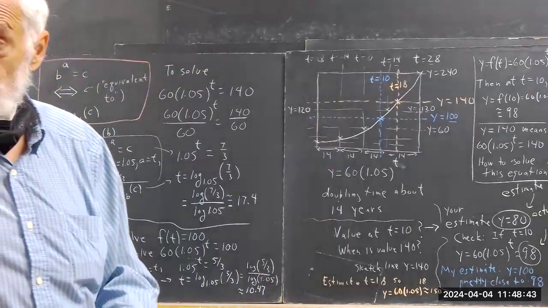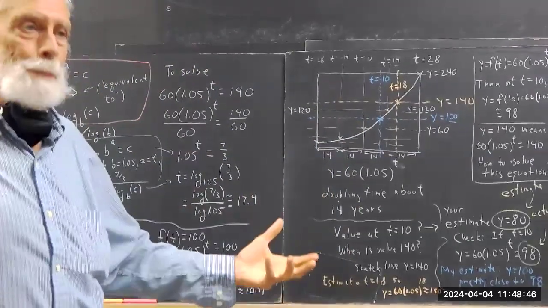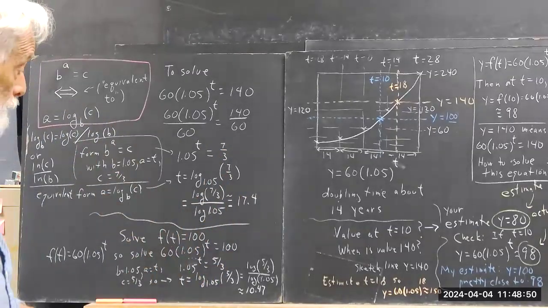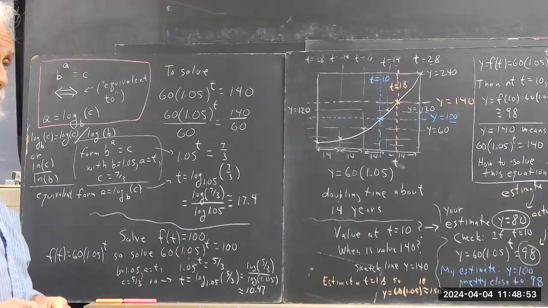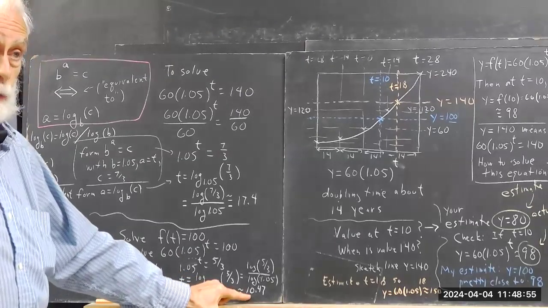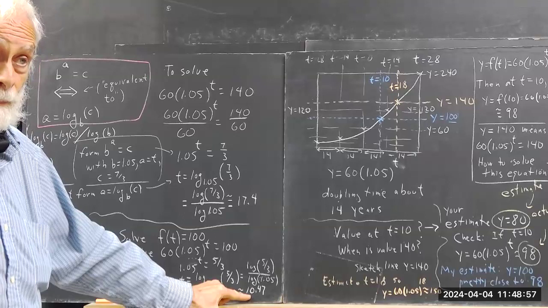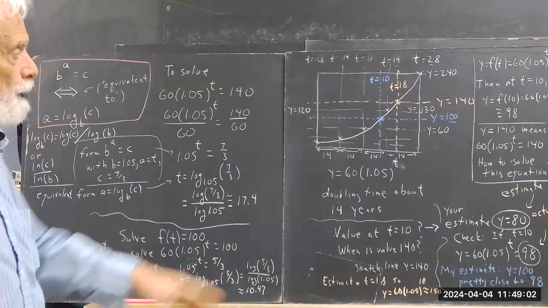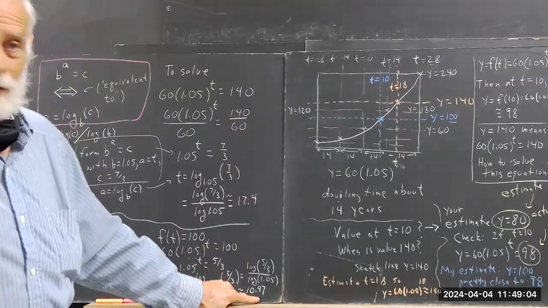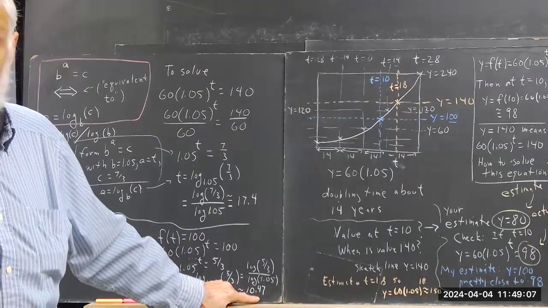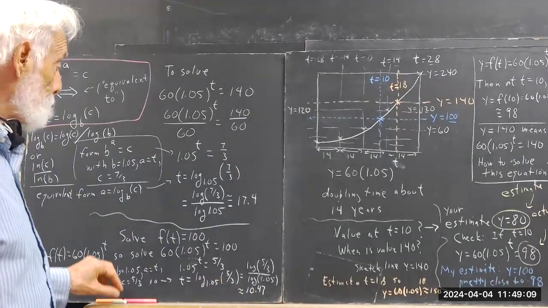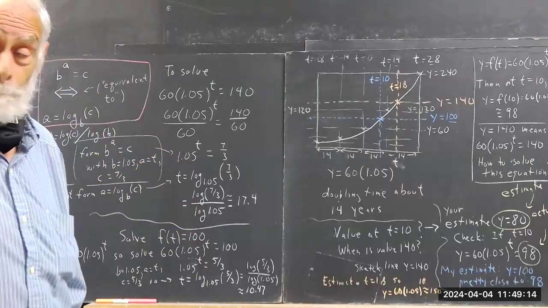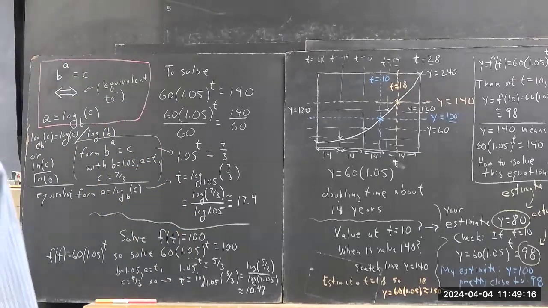You want to be able to see that because it helps you think about how these things work, how they change. So what we got is a little bit to the right of 10. We got 10.47. And you're not going to estimate these things to four significant figures like this. Okay, so that's actually pretty easy when you get used to it, isn't it? It's not bad at all.